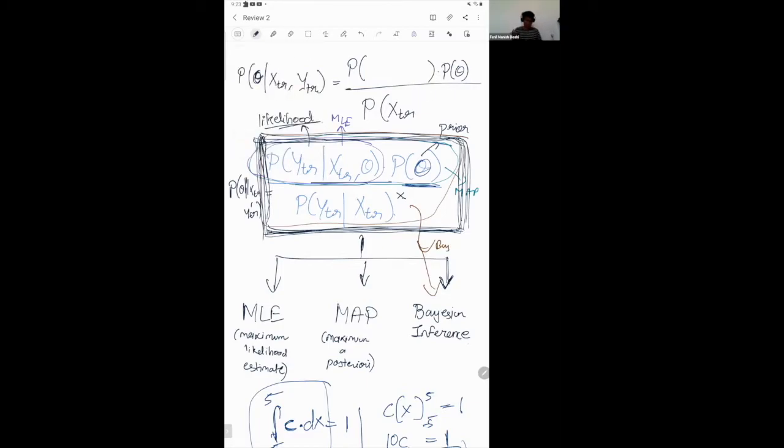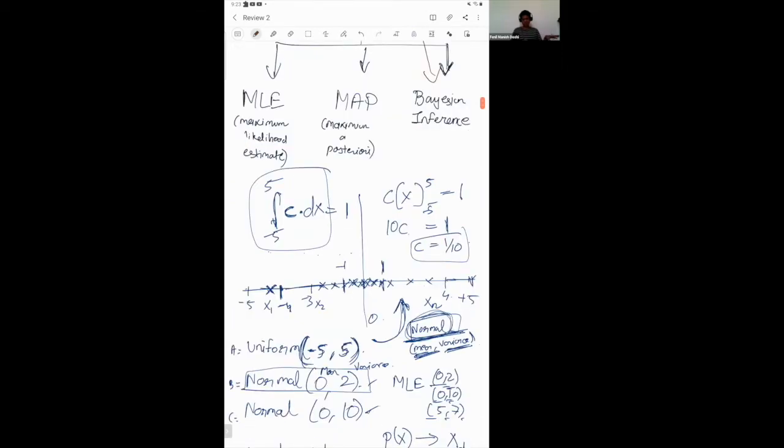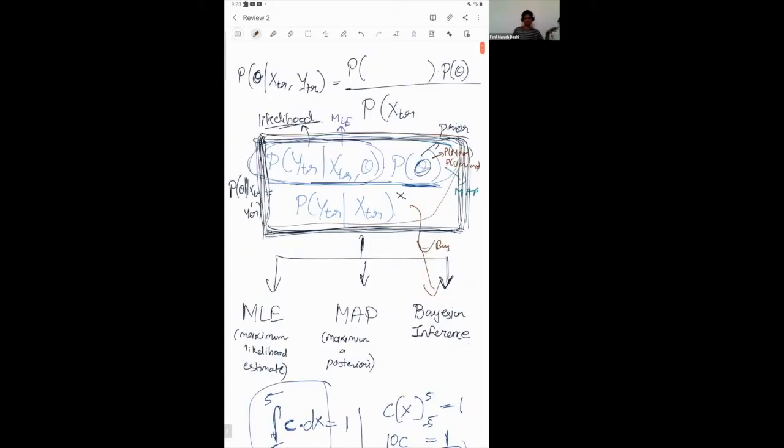Here, I'm saying I don't have any information on the probability of which mean or the variance. In some use cases this makes sense, if all of the means that could possibly come are equally likely.